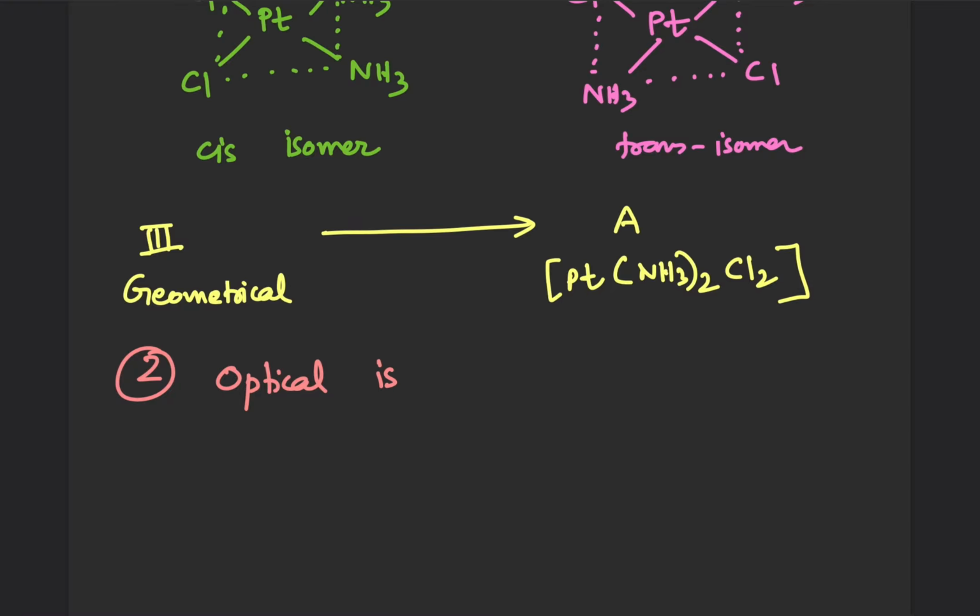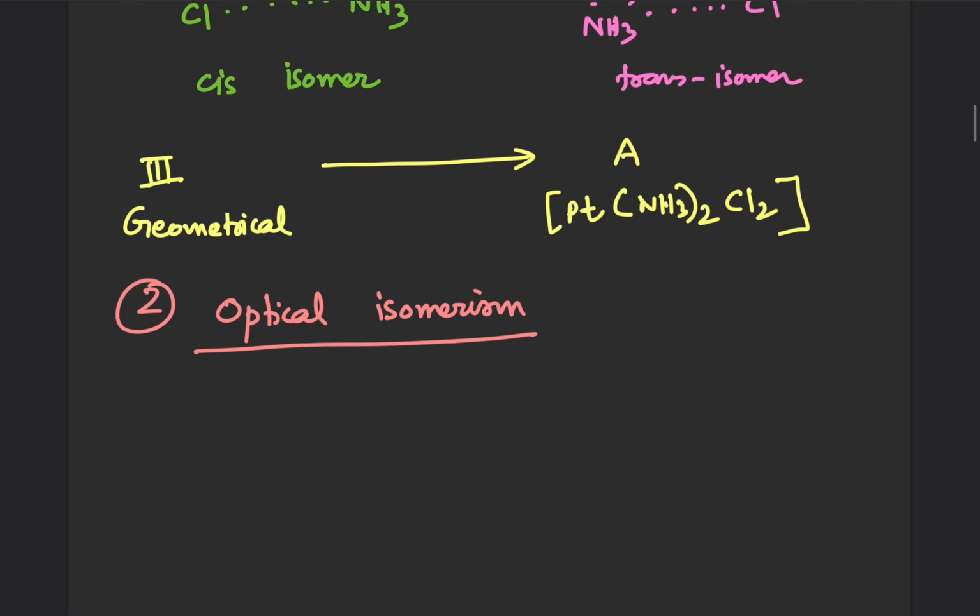And the second category of stereoisomerism is optical isomerism. Optical isomers, we know from organic, rotate the plane of polarized light in opposite directions. One will rotate it towards right, which is known as dextrorotatory. One will rotate it towards left, which is known as levorotatory.